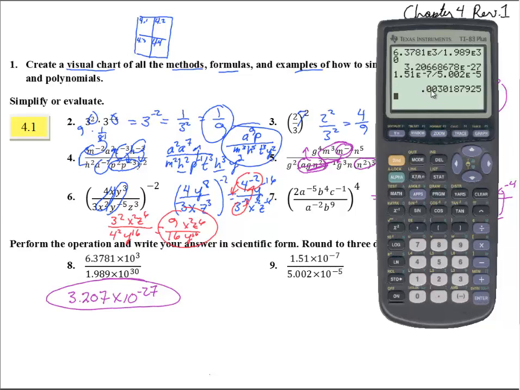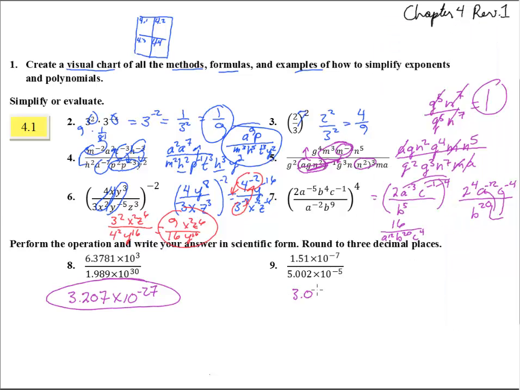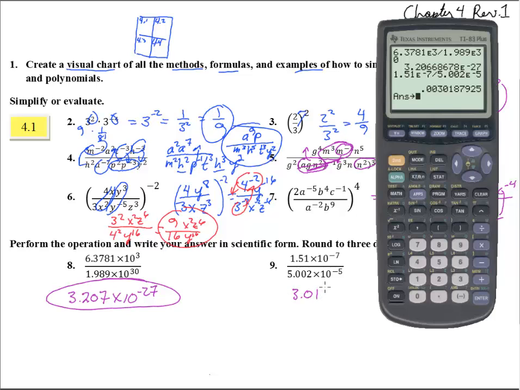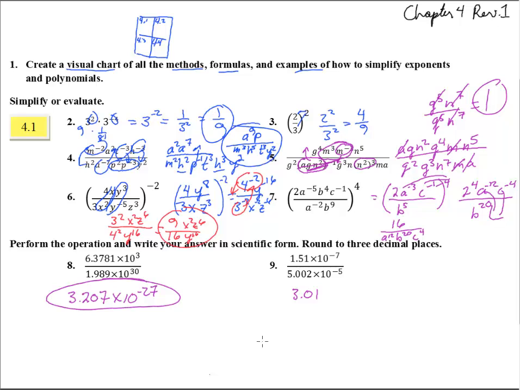Enter, and that is, if we move this 2 decimal places, that will be 3.019 times 10 to the negative 3rd power. There we go. Good.